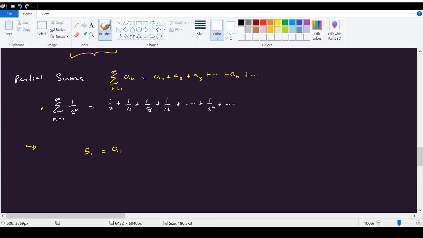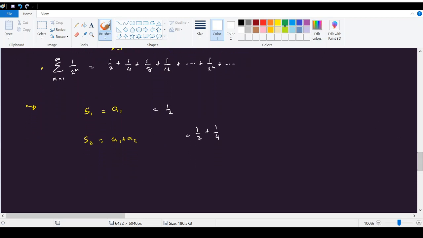In this specific example, S1 will be equal to half. And then we define S2 as the sum of the first two terms. These are finite terms. In the specific example, we have half plus 1 over 4.